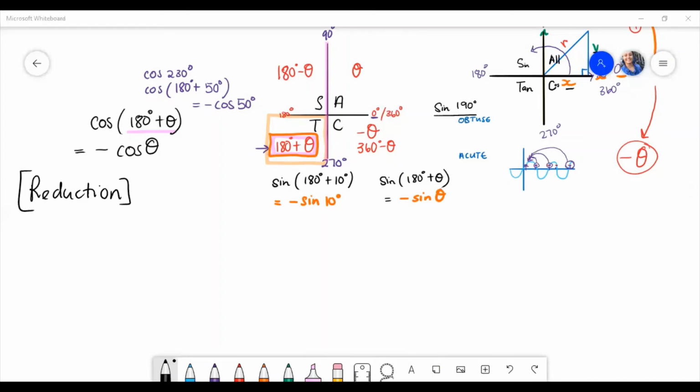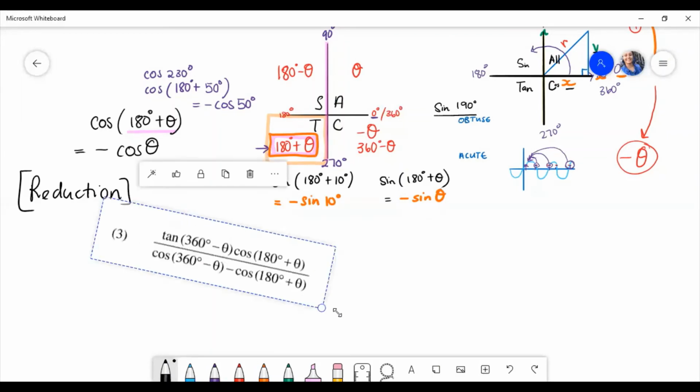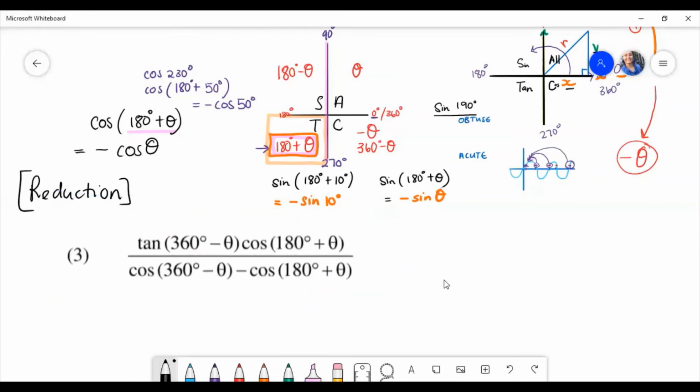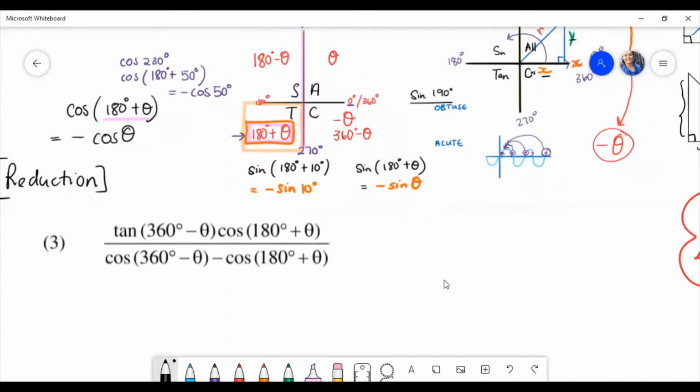Now, as with any other technique in maths, once we've learned to simplify, we apply the techniques according to the work that we are working with. And this would be a lovely example where we fuse our understanding of ratios, our understanding of positive, negative values, and we then see we are able to reduce these very huge angles to smaller acute angles and therefore simplify this expression.